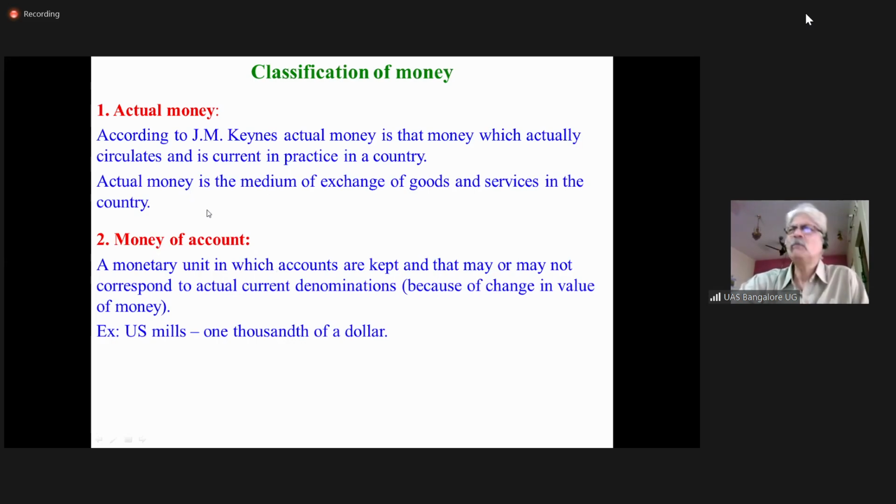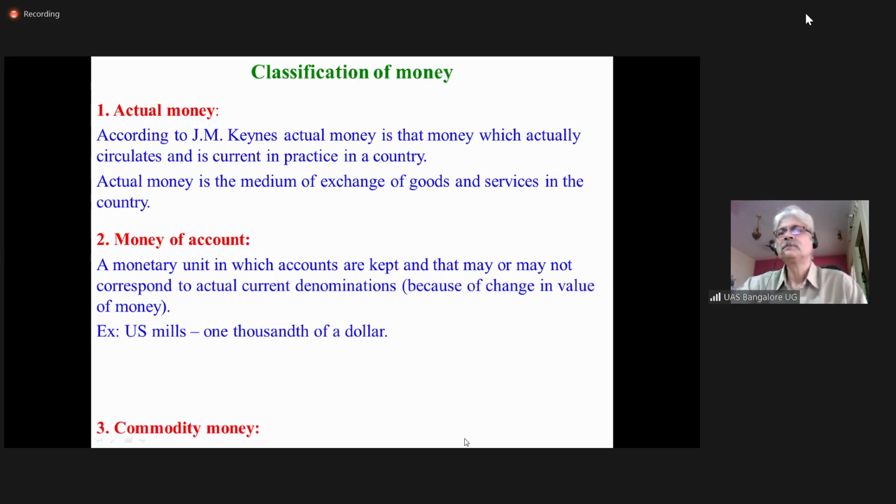Only for account purpose, not everyone, some industries, some people use it. 1 US mill is equal to 1,000th of a dollar. If you divide $1 into 1,000 parts, okay, one part is equal to 1 US mill. Okay, it is purely for accounting purpose, but it is not used in general.